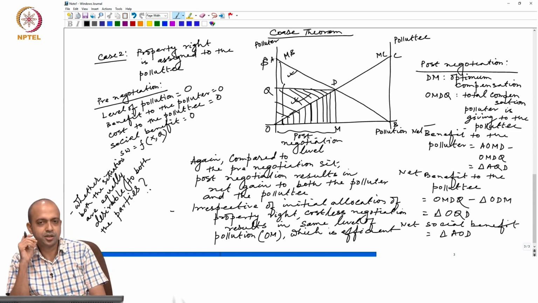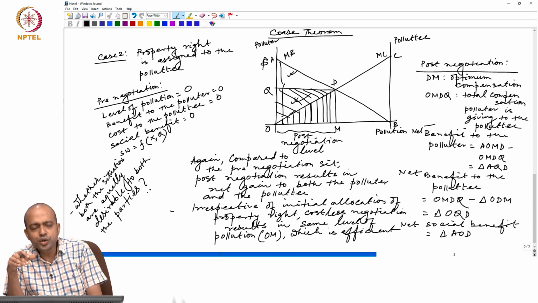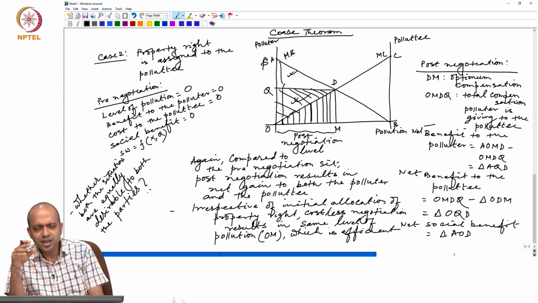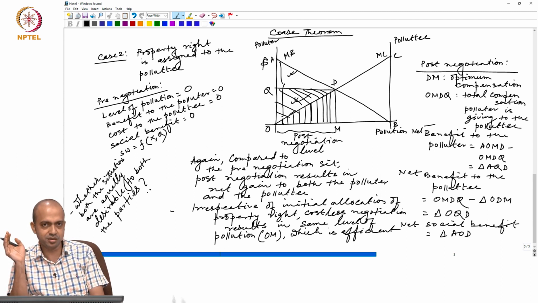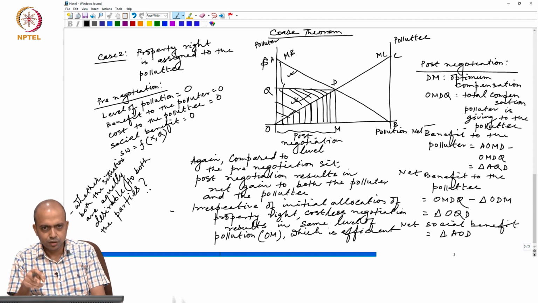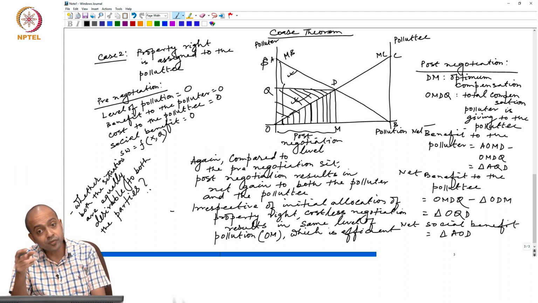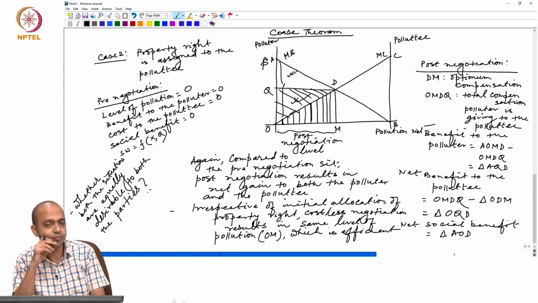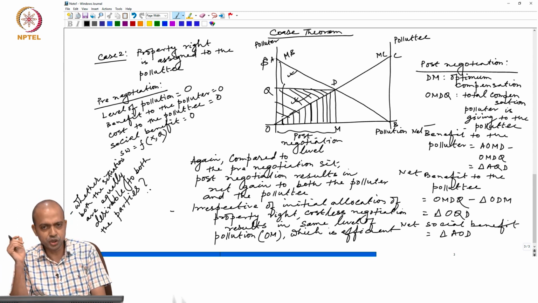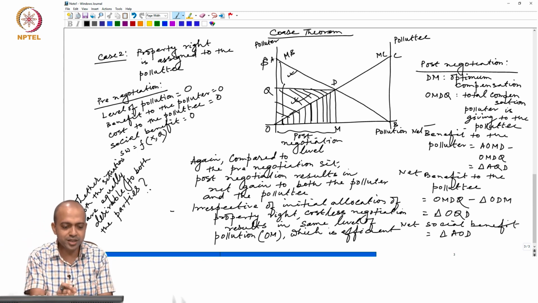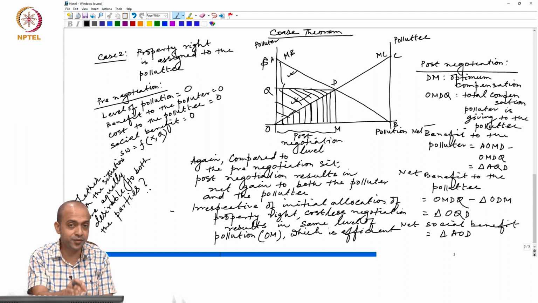Equally desirable. That means, is there any preferential pattern for the polluter and the pollutee for these two situations? Whether the polluter will prefer a situation which is different from the pollutee. Since both the situations are efficient, both should be equally desirable to both the parties. But that is not the case. If we think closely, look at the situation when the property right is given to the pollutee.